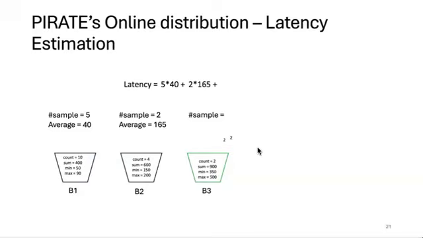And from bucket B3, it would be 1 sample with an average of 450. So the final latency estimate from this scheme would be the weighted sum of the contributions from each of the buckets. We have found ways to generalize this to cases where multiple buckets of inter-batch gaps exist.